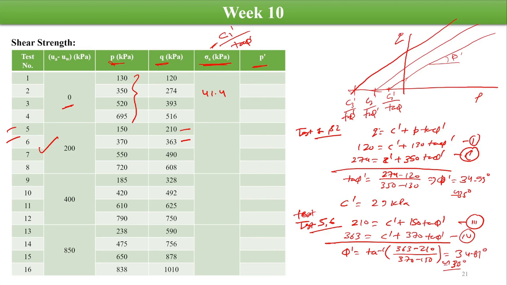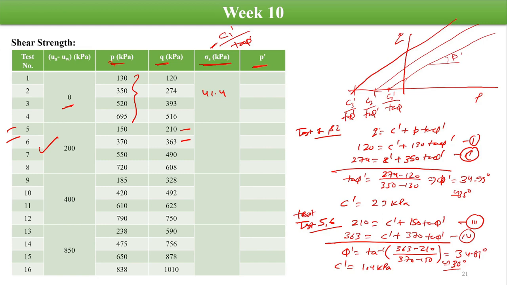And now if we calculate the value of c dash, it will be equal to 210 minus 150 times tan of 35, so it will be equal to 104 kPa. So solving it again, we can obtain the value of sigma S, which is nothing but c1 dash upon tan phi dash.